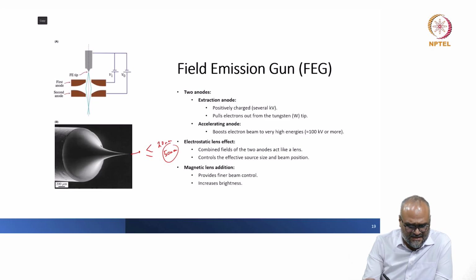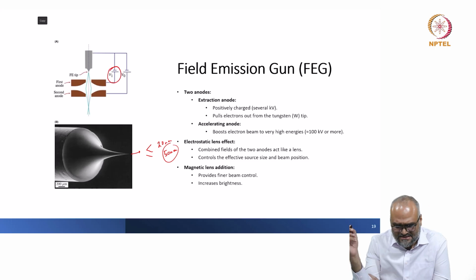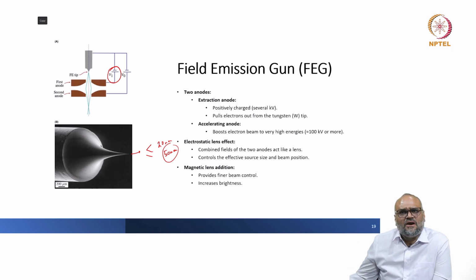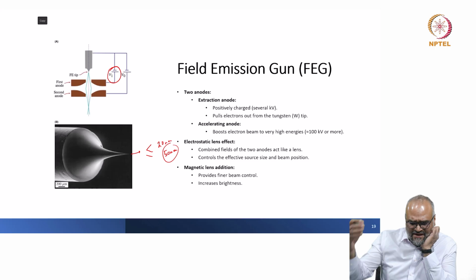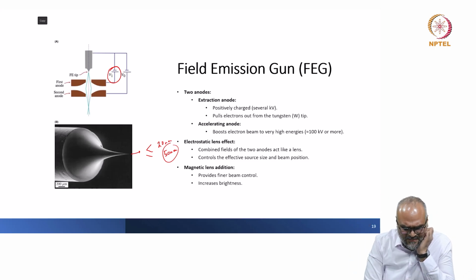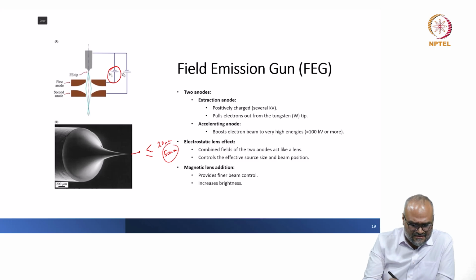So essentially, you have initially some extraction that you have in this anode, and then the accelerating anode is in the microscope column, where you are having this go along the accelerating voltage of the microscope, but you have the first anode and the second anode and the crossover which is at a very fine point.